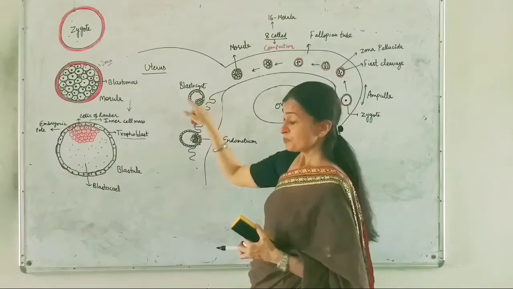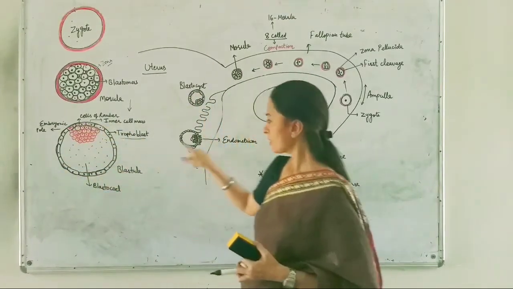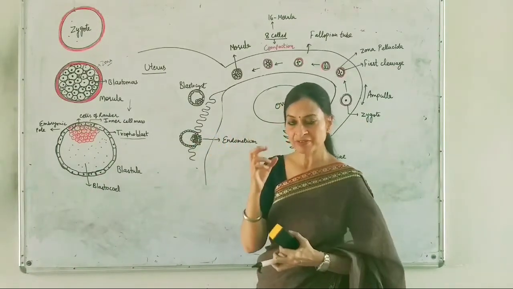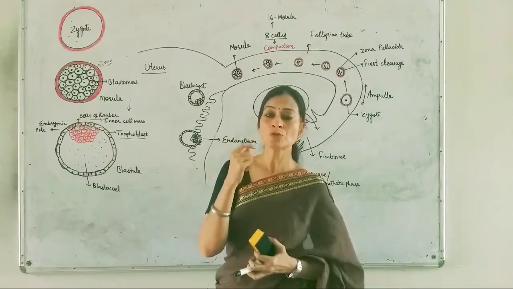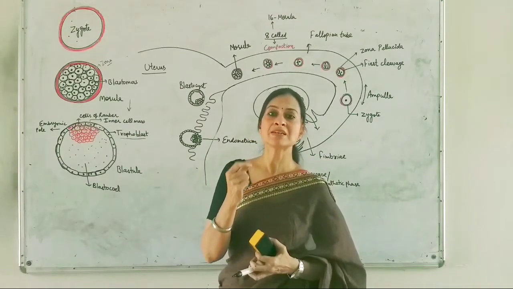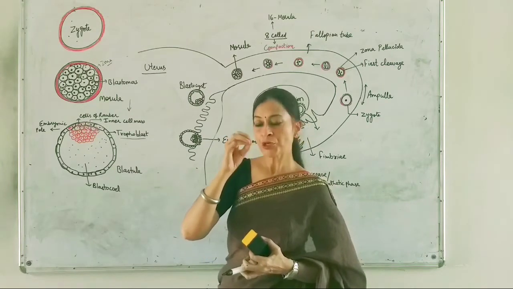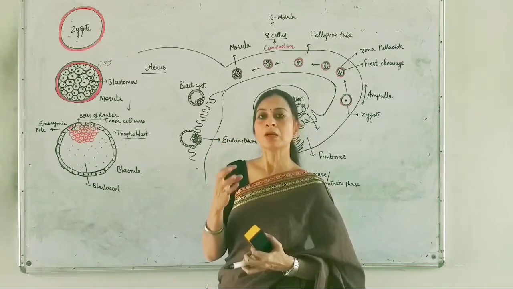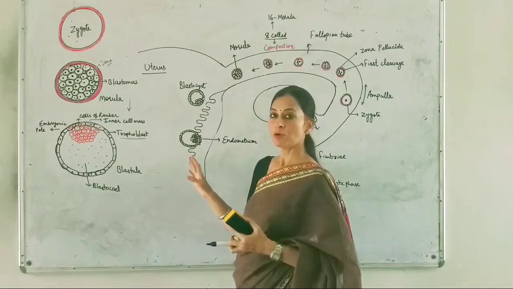Now, there is a specialty about these trophoblasts. How the structure is going to implant in the endometrium is that the cells of the trophoblast layer are sticky in nature. When they detect the uterine cells, they start releasing some enzymes so that they can attach to that wall.